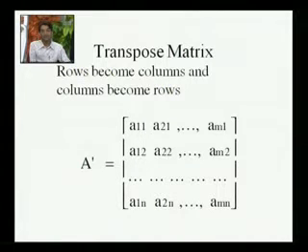So the first row, A11, A12 up to A1n, becomes the first column, as I showed in the PPT. In the same way, if we interchange all rows into the corresponding columns, then we get the new matrix which is called the transpose of the given matrix.